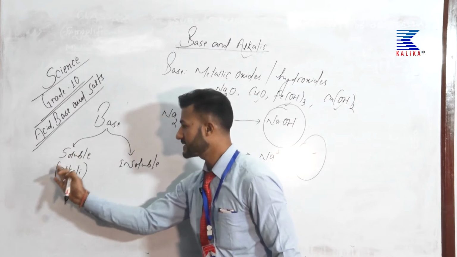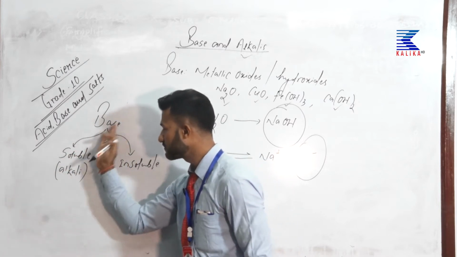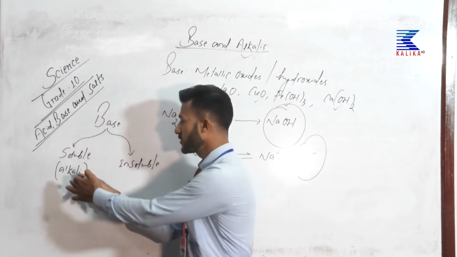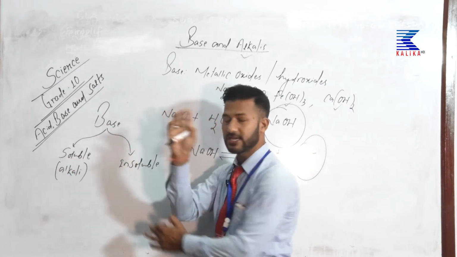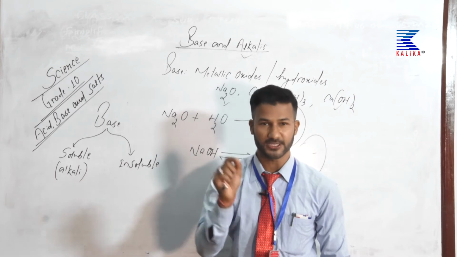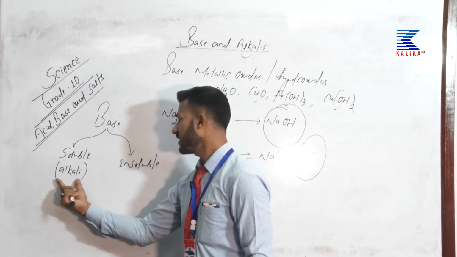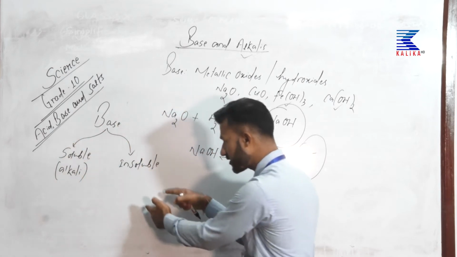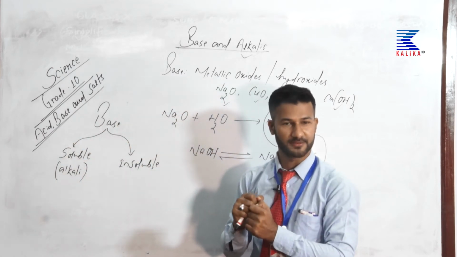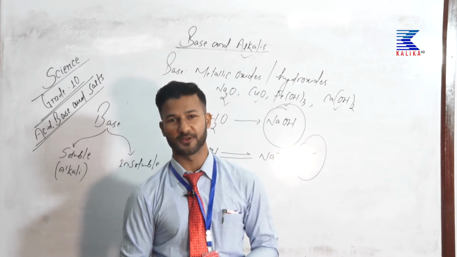Only the bases that go through this branch are alkali. That is why all the alkalis are bases, but all the bases are not alkali, because all the bases do not dissolve in water.